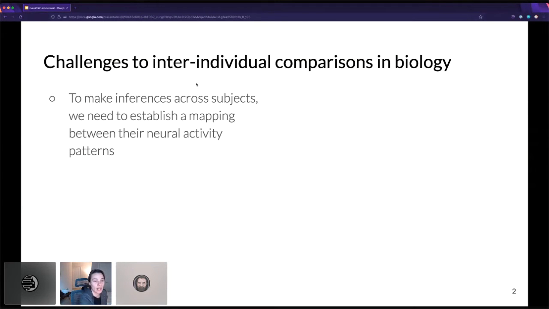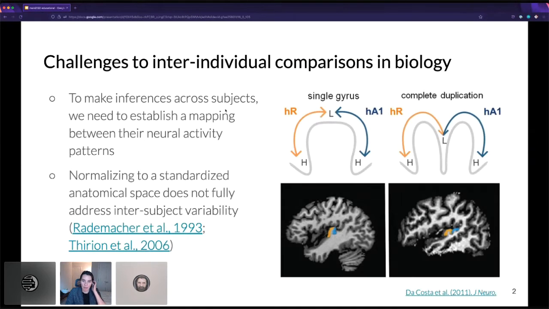But the way that we commonly do that as a field in neuroscience is to align to some known anatomical template. The problem is that we've known basically as long as the field of cognitive neuroscience has existed that this doesn't totally solve our problem for us, right, in terms of making a mapping.